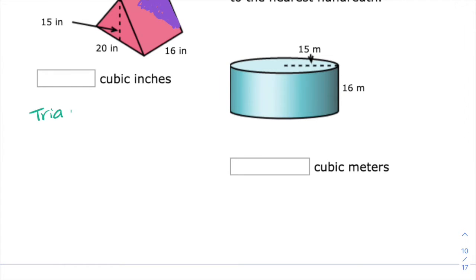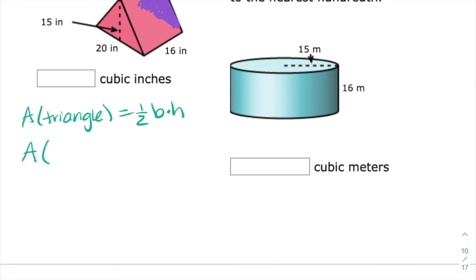So the area of a triangle equals 1/2 base times height, small b for base, times height.